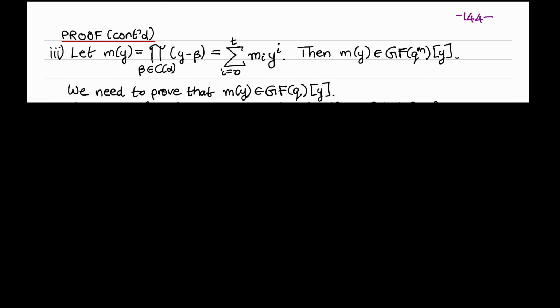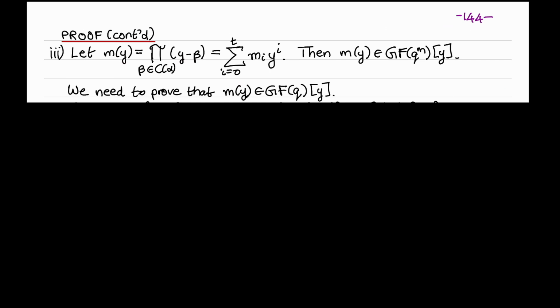Finally, I'll prove that the coefficients of m belong to the field GF(q). This is not obvious, because you'll note that the coefficients of each of the linear factors of m are in GF(q) to the m. And that's because the conjugates of alpha are elements of GF(q) to the m.